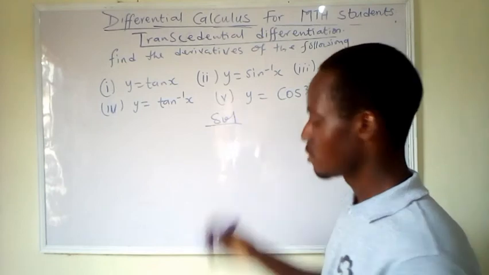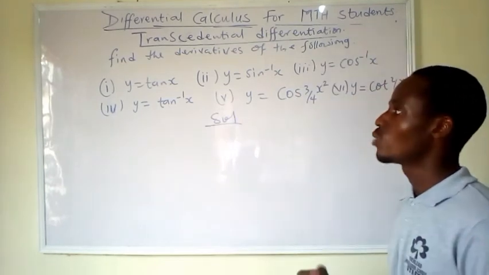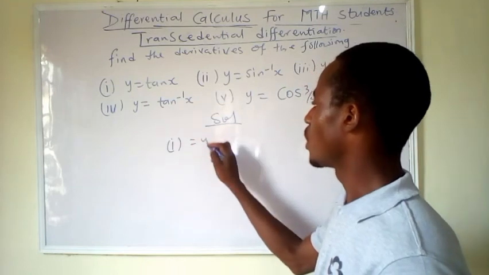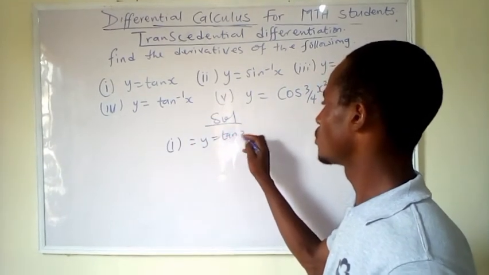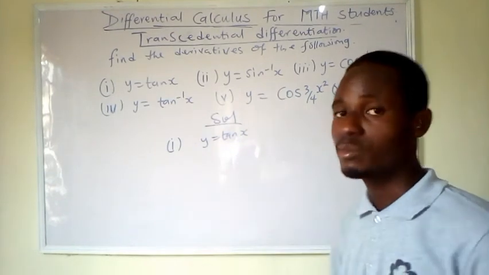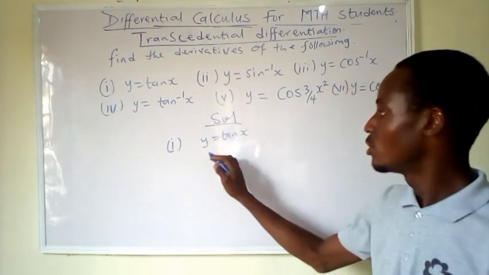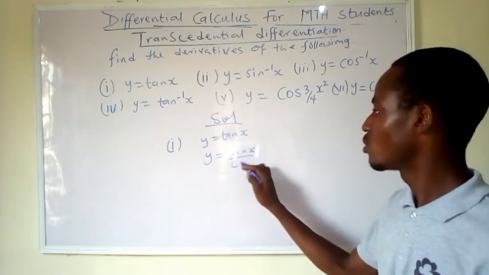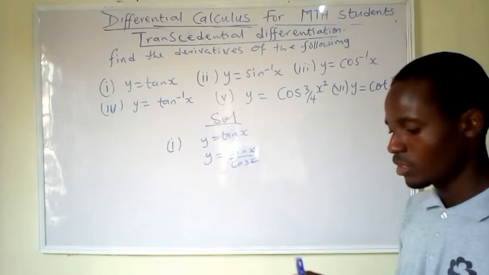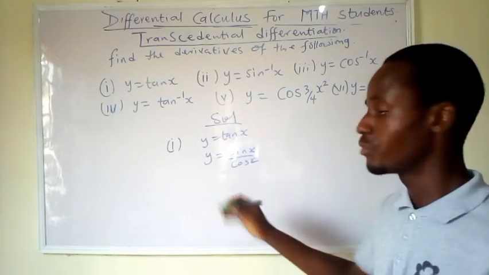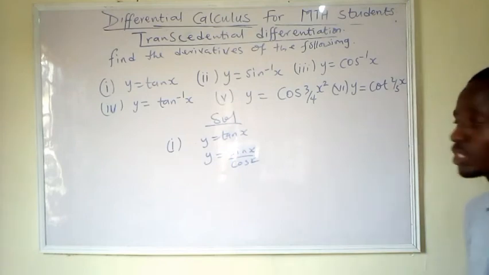Solutions. The first one says y equals tan x. You should believe me that tan x is the same thing as sine x over cos x. So y equals the sine of x over the cos of x. If I am to differentiate this, it's going to be with the quotient rule.